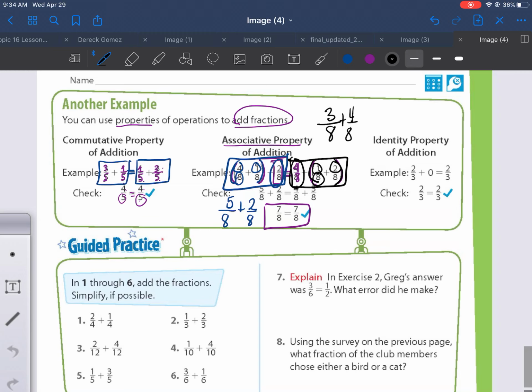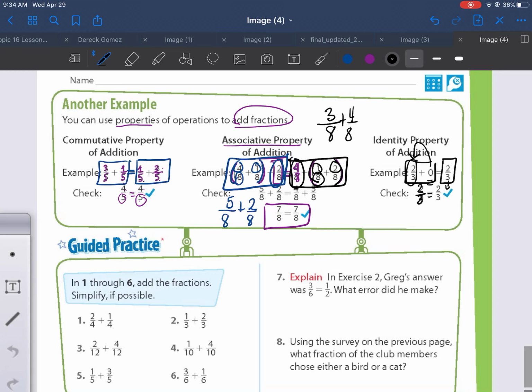The last property is called the identity property of addition. The identity property of addition says, for example, if you have 2/3 and you add nothing, the fraction will keep its identity. In other words, it's going to stay the same because you're not adding anything to it.